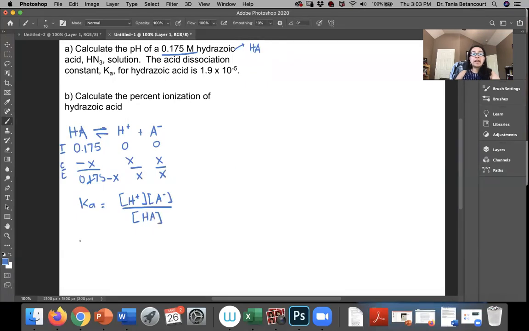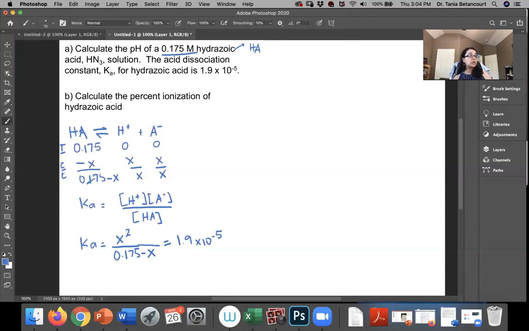We replace it with the equilibrium line, which is X and X. So X squared, those are my products, divided by the reactant HA, which is 0.175 minus X. Now, we know that the value of Ka is 1.9 times 10 to the minus 5.